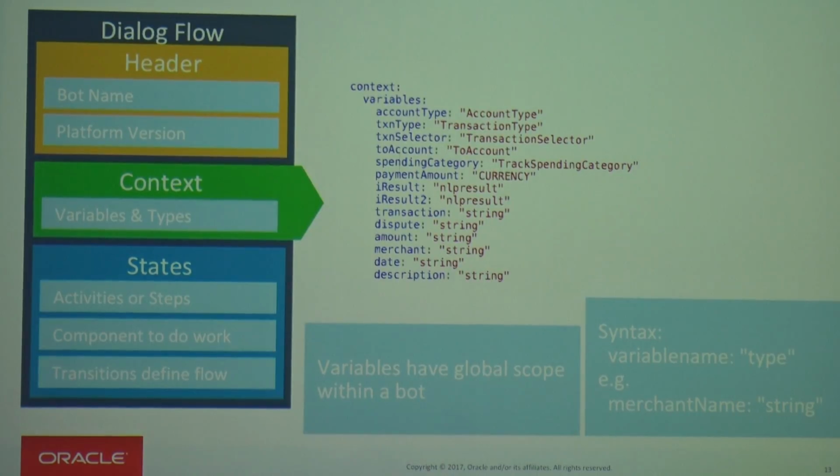Now this is a big difference to some of our competitors. So I mentioned the term slot before. Slots are effectively the pigeonhole that you put information into. Now, some of our competitors, and a good one would be Google, their slots are only for entities.